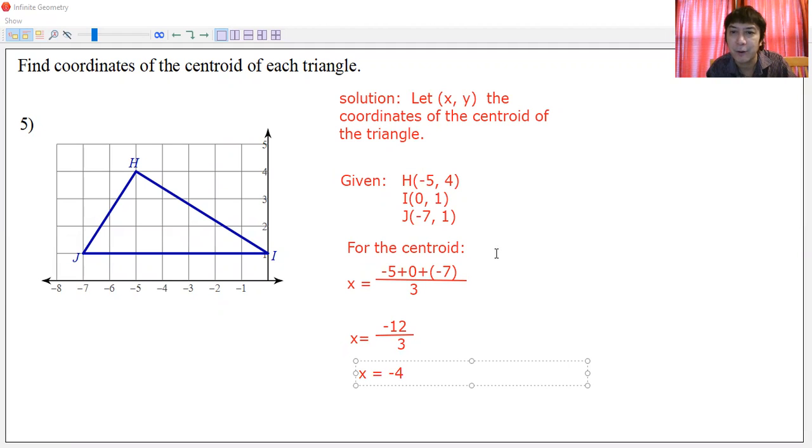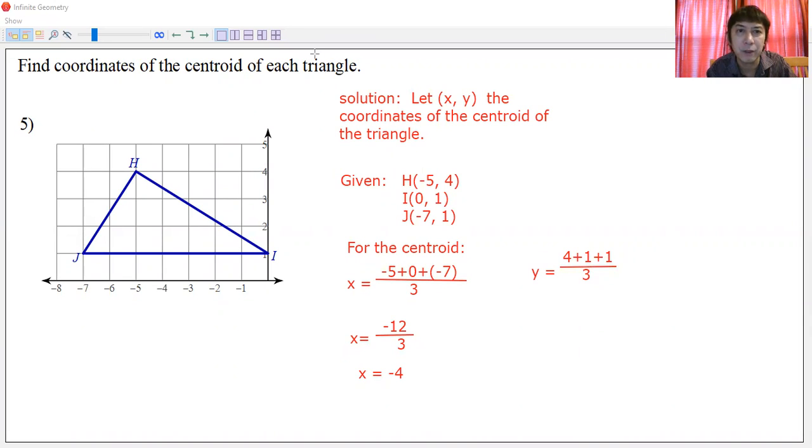Continue with the y values in the next column. Y is equal to, get all the y values, 4 plus 1 plus 1, and then divided by 3. Very simple formula.